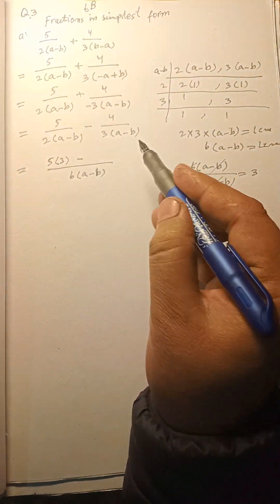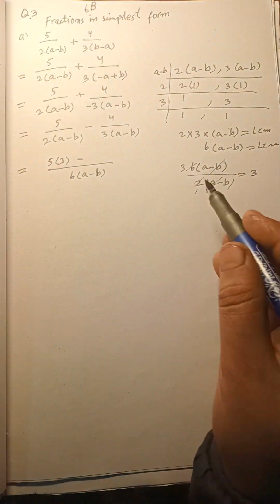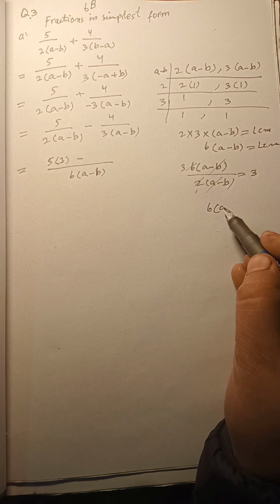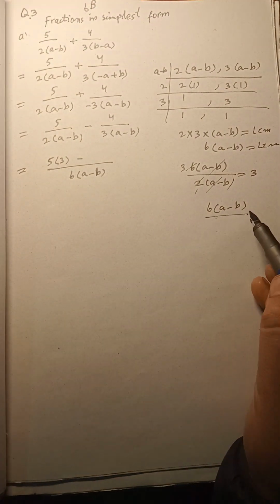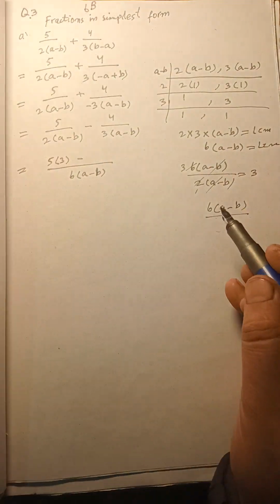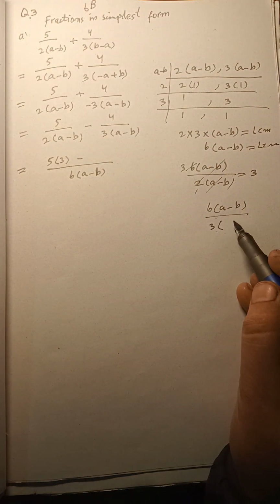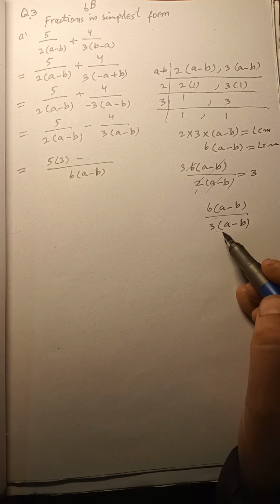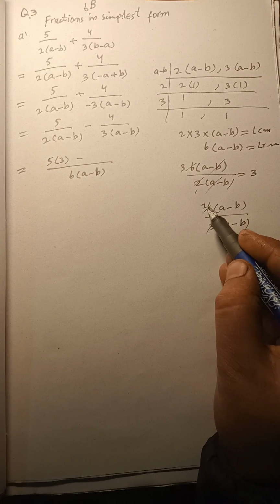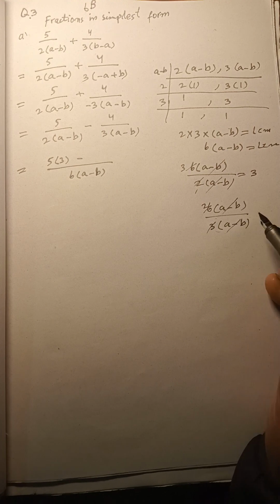Now you should take this LCM again, 6 into (a minus b), and you will divide this by the denominator of the second fraction. You know that 3 ones are 3, 3 2s are 6, and a minus b can be cancelled out. The answer is 2 here.